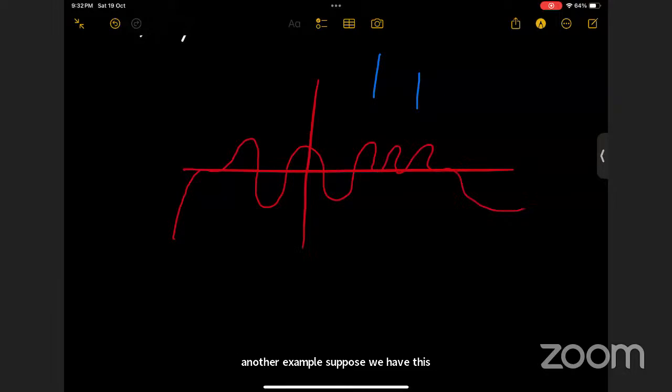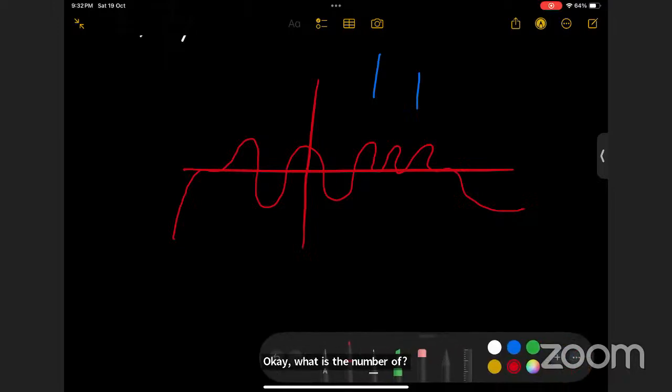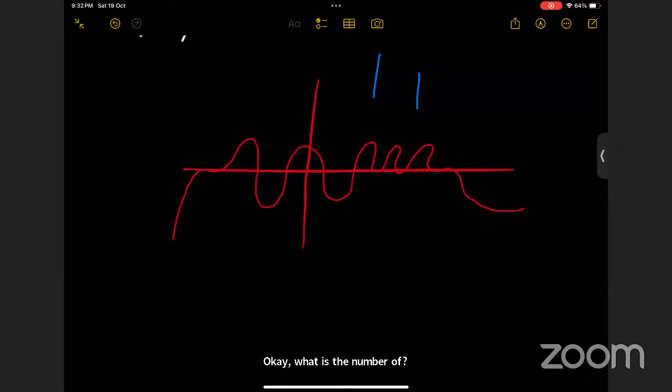Okay. What is the number of minimum degree here? You can unmute yourself and tell. 14.